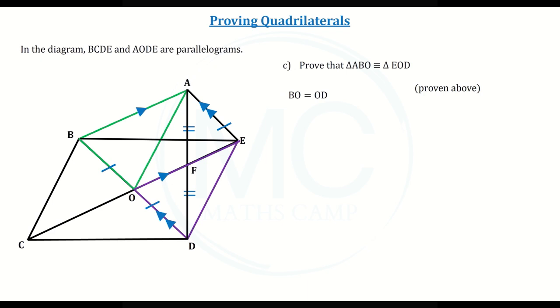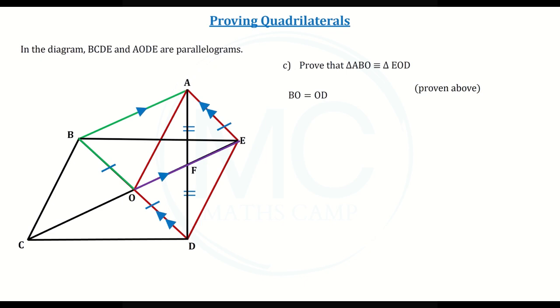Now the question tells us that BCDE and AODE are parallelograms, and in part B, we proved that ABOE is also a parallelogram. So let's see if we can find any more equal pairs of sides. Let's start with parallelogram AODE. Let's make it red.